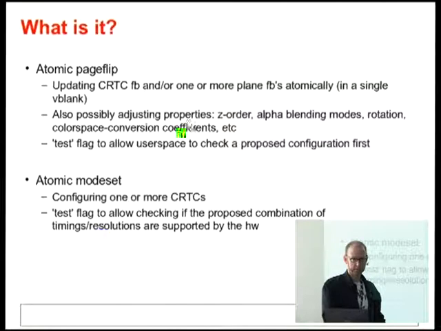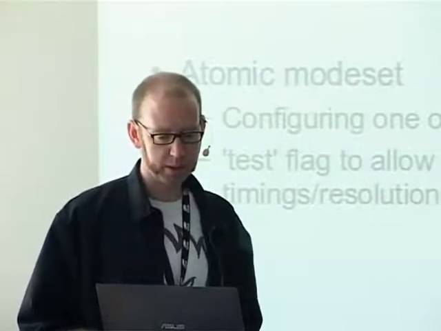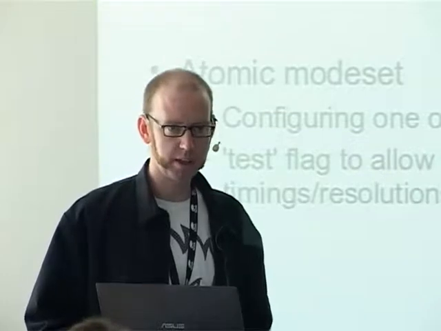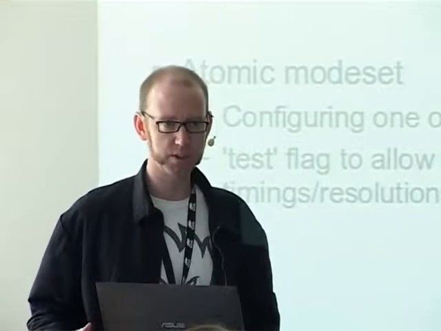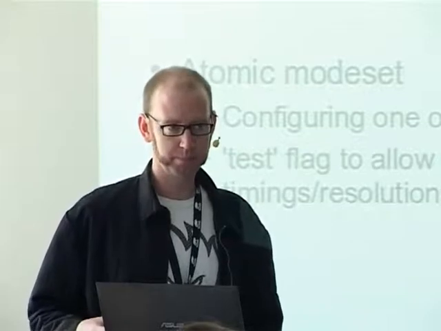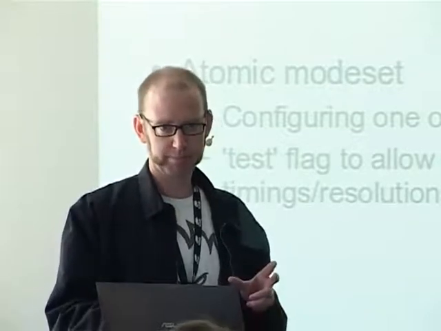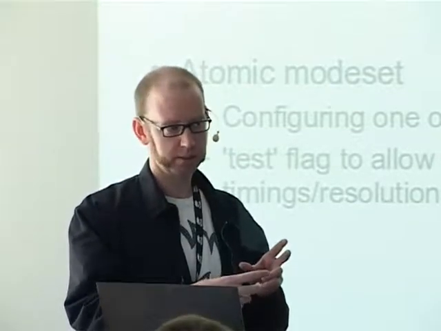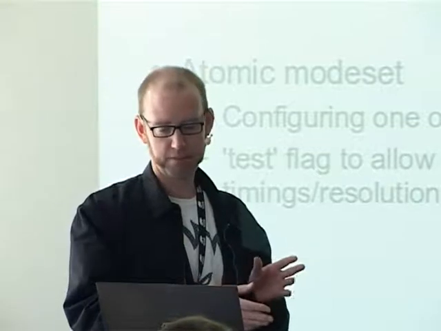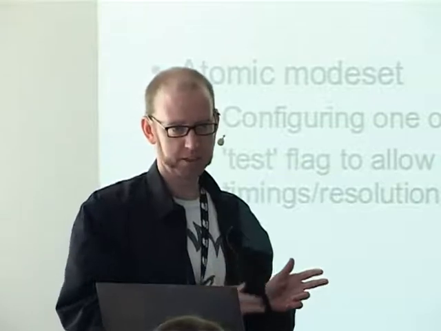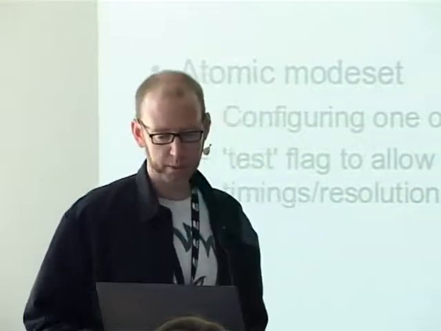So why do we need it? The atomic page flip in particular is targeted at compositors like Weston Compositor, which can use hardware overlays for GPU bypass of surfaces. So say you have a 3D game in a window, if the compositor is able to redirect that to an overlay, it actually doesn't need to have a second GPU composition step in the compositor process.